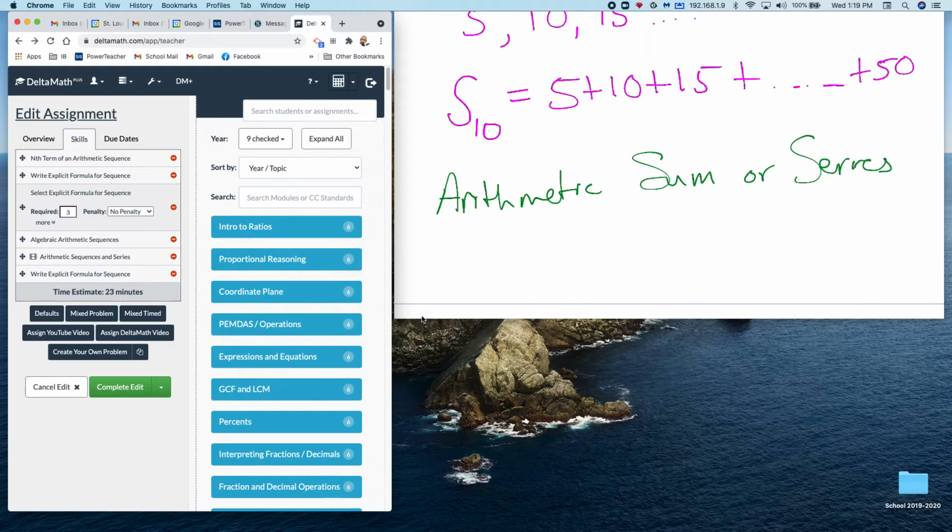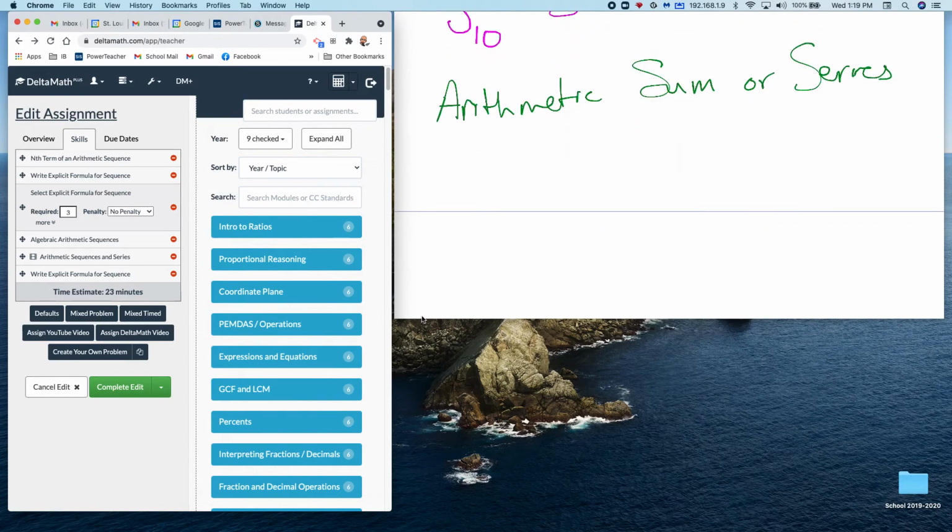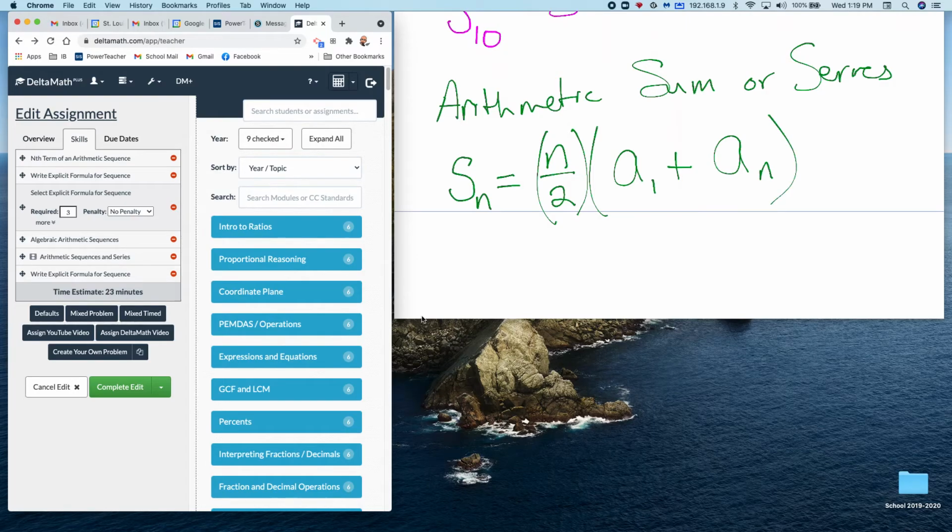Here's the formulas you need to know. What you need to know is S sub n, for whatever terms you're adding up, is n divided by 2 times a sub 1 plus a sub n.